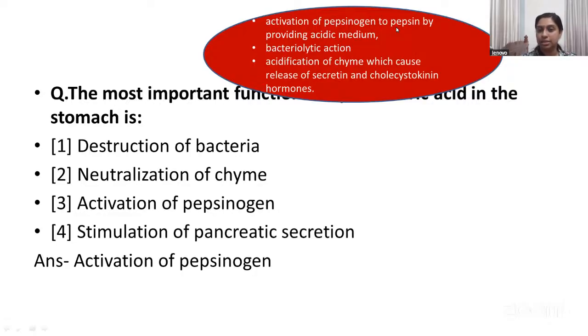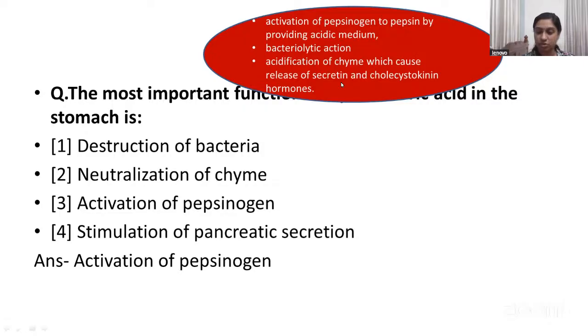The other actions of HCl are the bacteriolytic action, and also the acidification of the chyme, which causes the release of secretin and the CCK, cholecystokinin, hormones. So secretin is an inhibitory hormone.